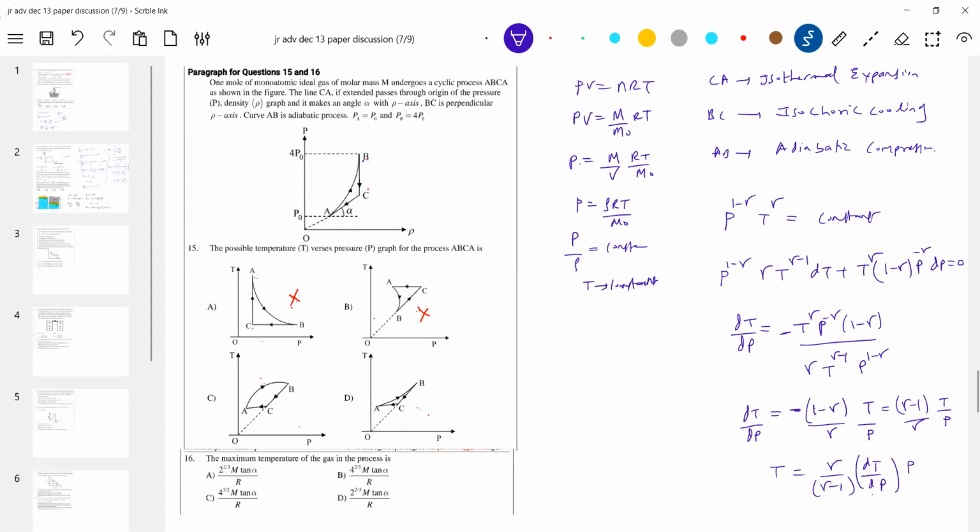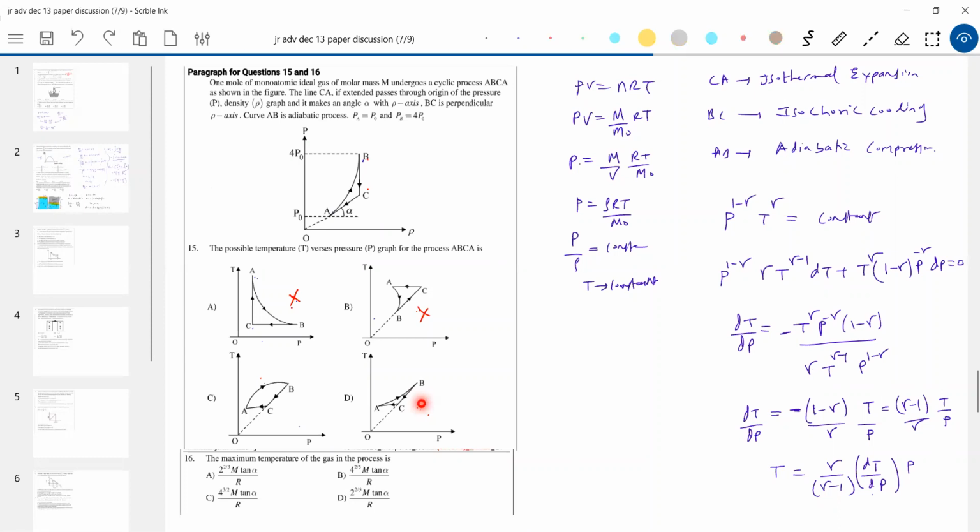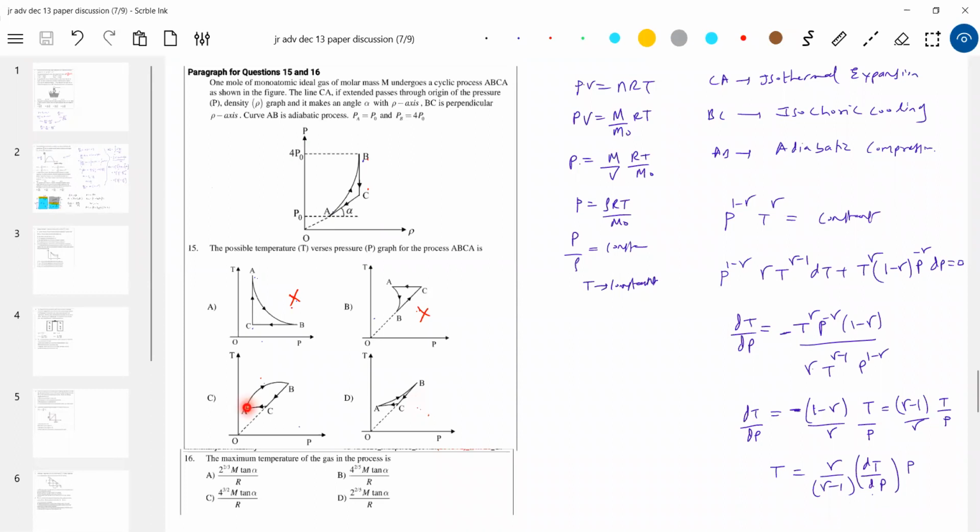We have to interpret a graph using this equation. Slope is maximum, then it decreases and becomes minimum.